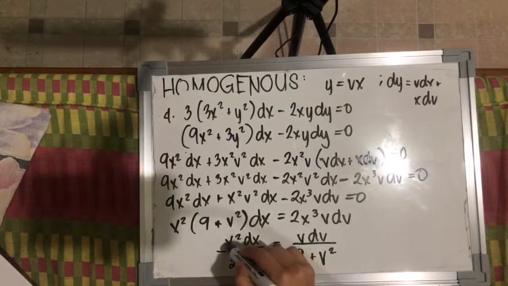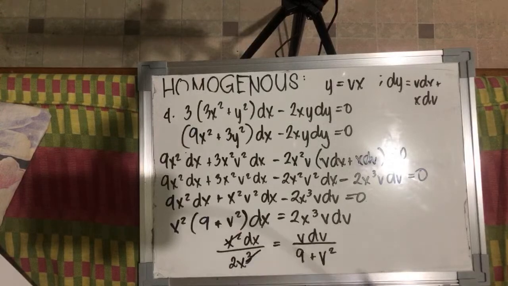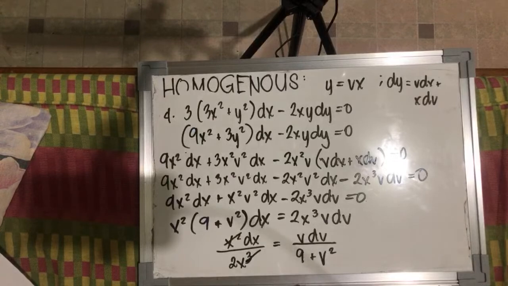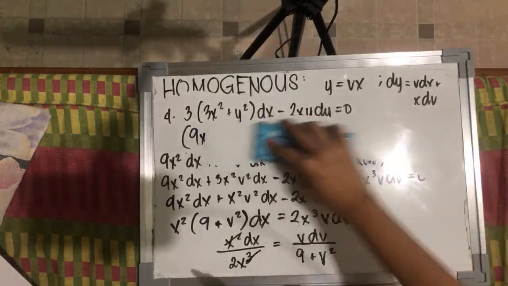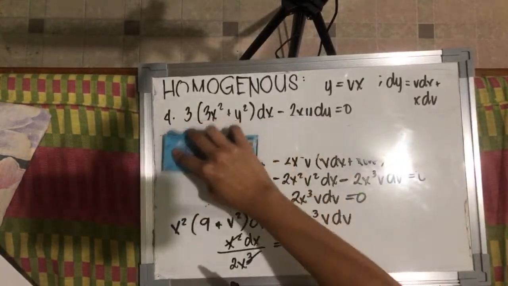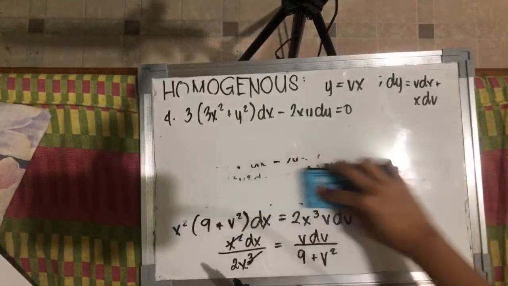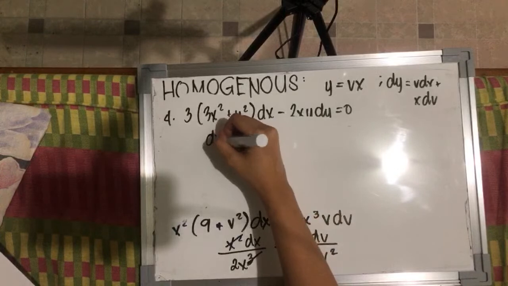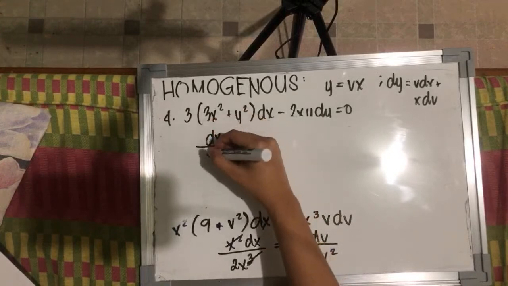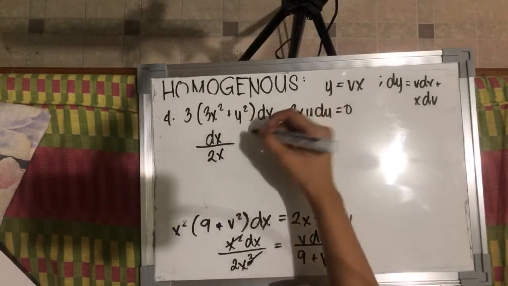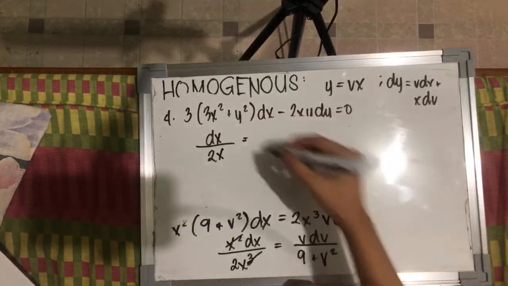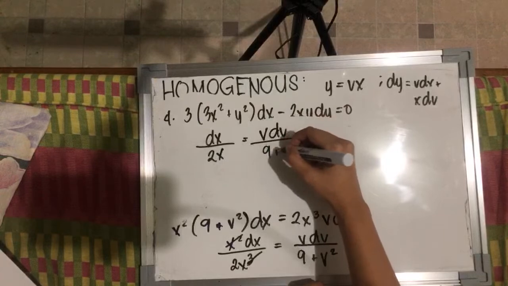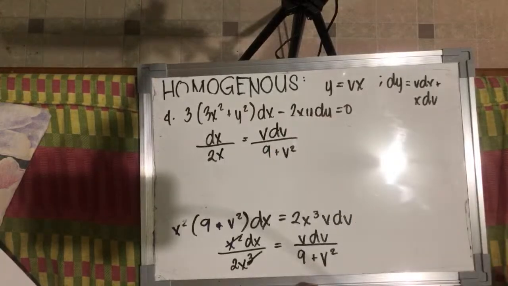So, cancel. May isang matitirang x. So, magiging 2 ay dx over 2x is equal to v dv over 9 plus v squared.